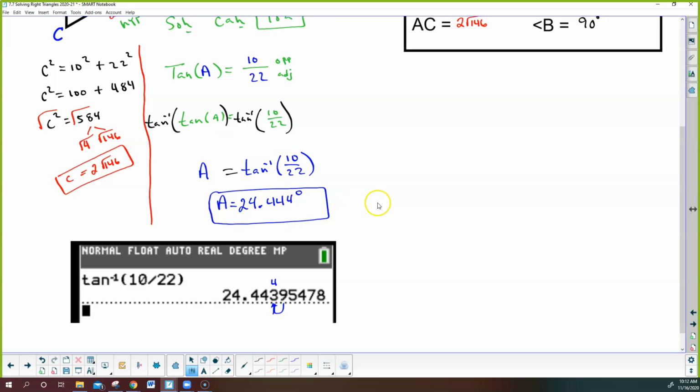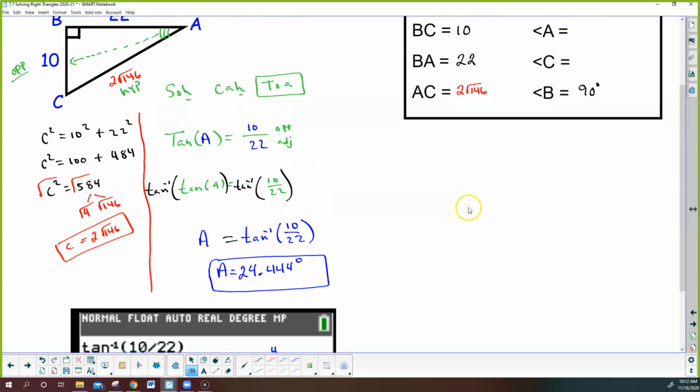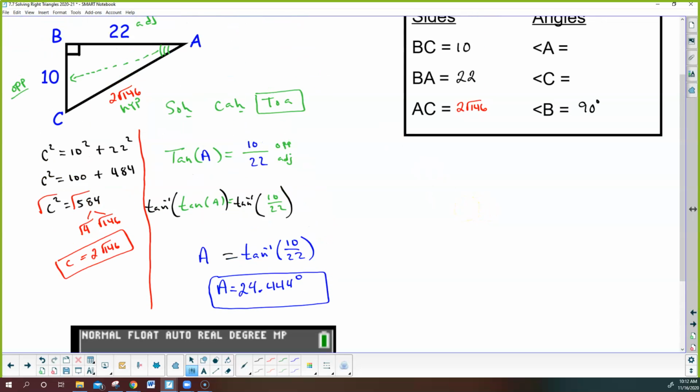We always say, unless the directions say round specifically, take it to 3 decimals. So what is that? That's angle A, 24.444 degrees. And if you want, you can always add that back to your picture.